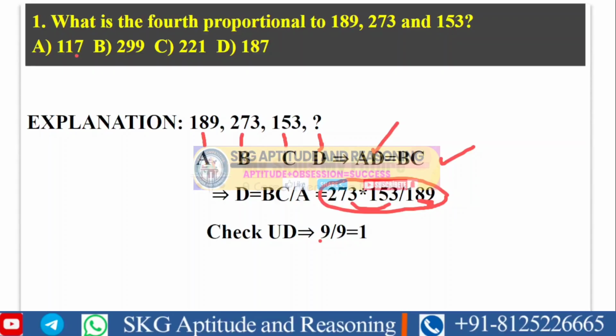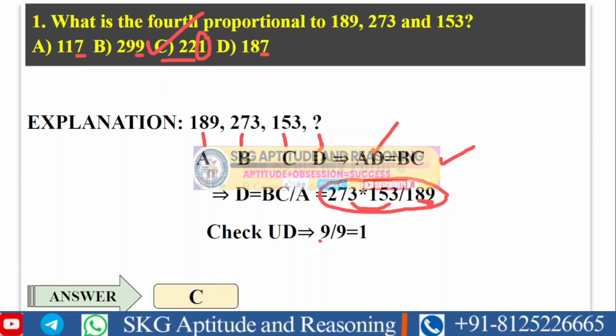If I multiply 7 with 9, I will not get unit digit 9. If I multiply 9 with 9, I get unit digit 1. So this is the easy way to get the answer. The answer for this problem is option C, that is 221. So the fourth proportional here is 221.